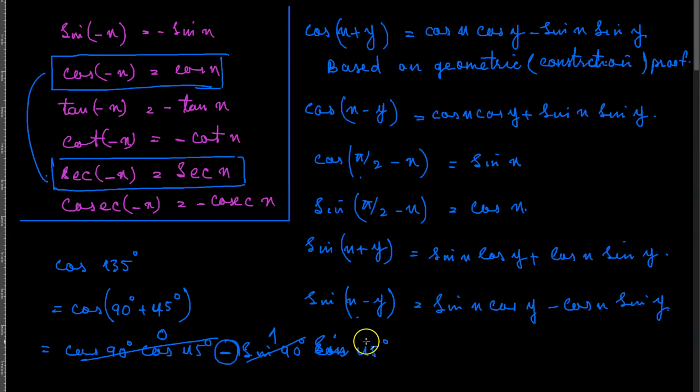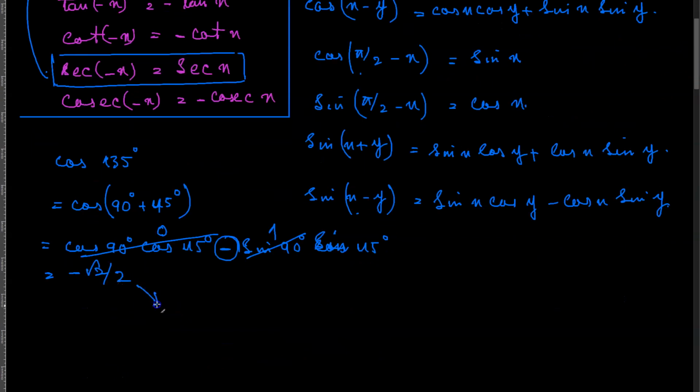Sin of 45 degrees is square root of 2 by 2, which becomes negative square root of 2 by 2. You know that the cos of 45 degrees is also equal to square root of 2 by 2, so you can write this as negative cos of 45 degrees, which is equal to negative square root of 2 by 2.